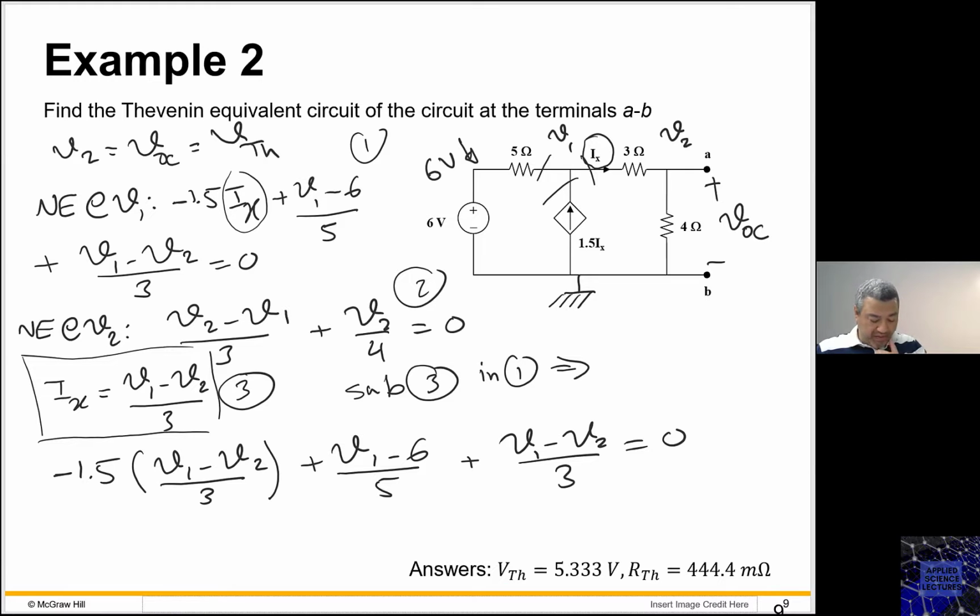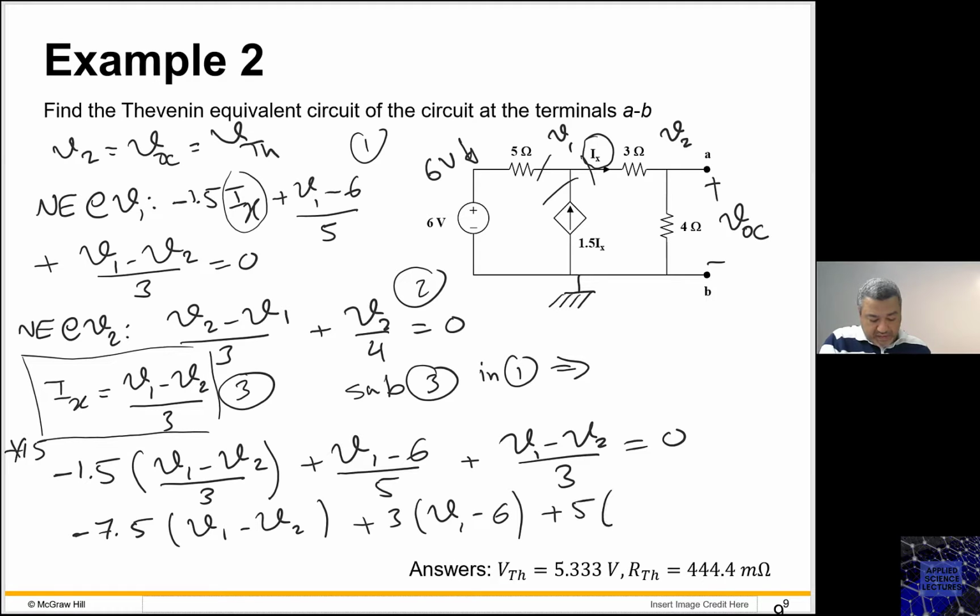Now if you multiply by 15, you get minus 7.5 times V1 minus V2, plus 3 V1 minus 6, plus 5 times V1 minus V2 equals 0.